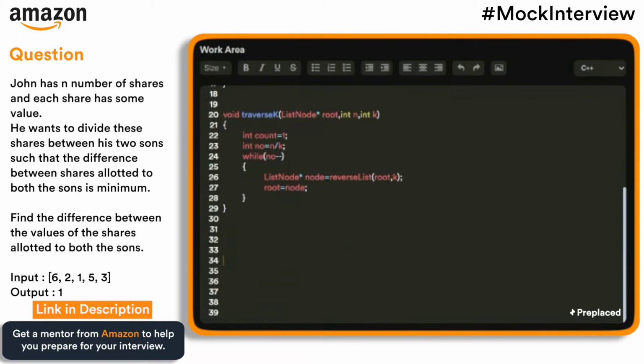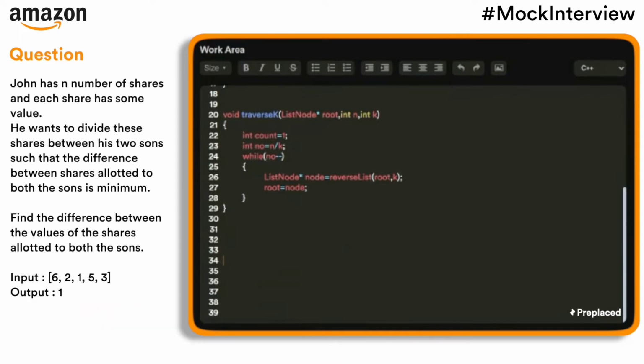So here, what would be the target? Here, minimizing the difference, like whatever sums we get, let's say the total sum and we have sum.